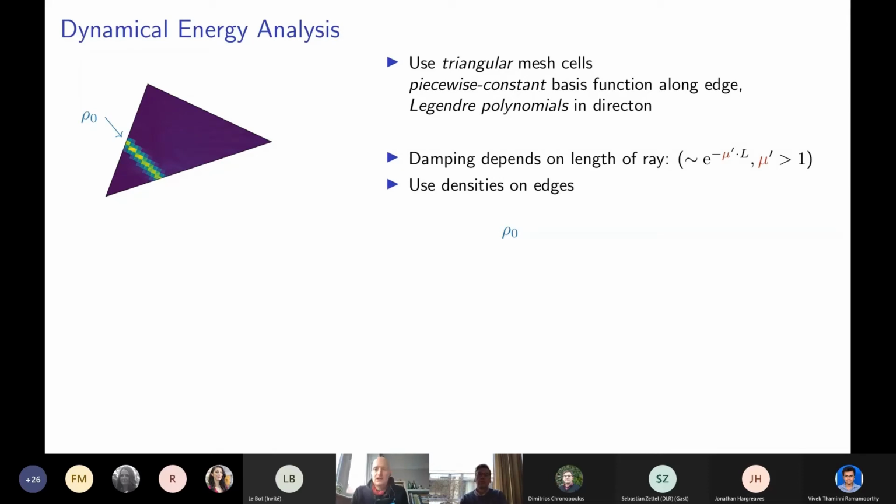So it's linked to the imaginary part of the Young's modulus. Okay, but apart from that, all ingredients are conceptually the same. We have a boundary map, we have a transfer operator, we have densities of rays, and we start densities on edges.